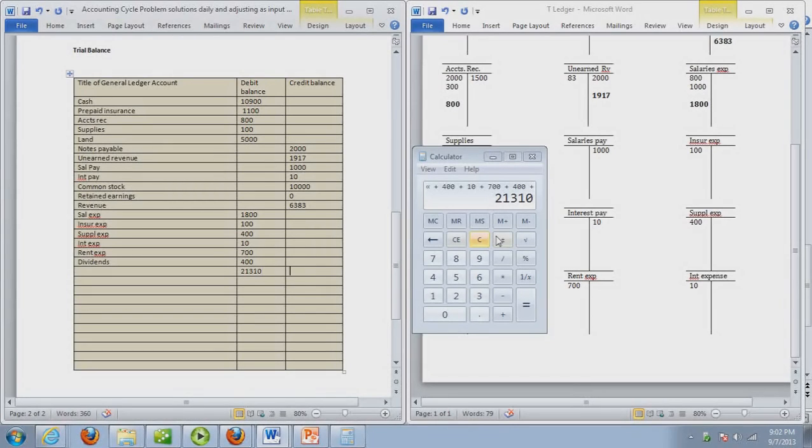And then we do the credit side. We'll be doing the same kind of thing. Whoops. It's not doing it where I want it to do it. Let's try this again. Okay, 2,000. 1917.